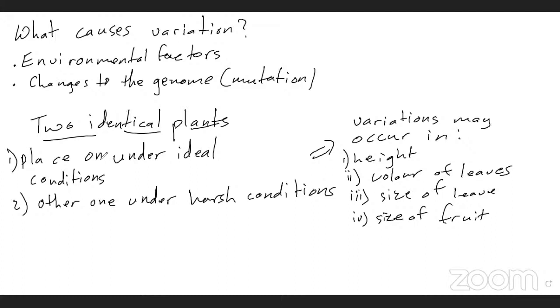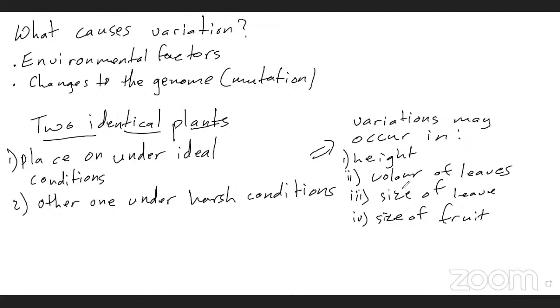So what is this suggesting? If the variation is in height, size of leaf, color, and fruit, right? Could we put that under continuous or discontinuous variation? These features would go under continuous.